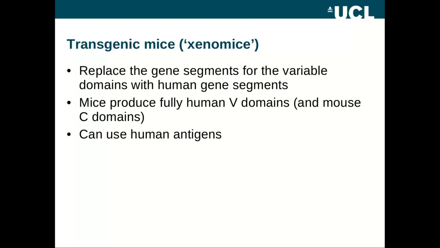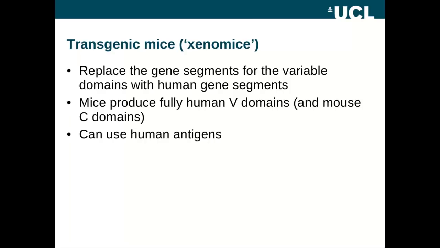So you give them human CD20 or whatever it is you're interested in producing an immune response against, or producing an antibody against, and those mice will recognize this as being a foreign protein, but they will produce fully human antibodies. The V domains are human, but of course the constant domains, you haven't tampered with those, so those are still mouse constant domains.